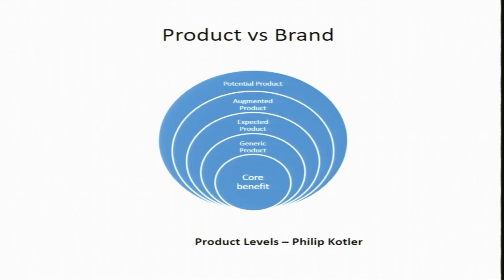The core benefit which we think is transportation from one place to another is not really the core benefit. When we think of using a car to go from one place to another, are we really thinking of transportation as the core benefit, or are we thinking of something else? So, it is for you to think about what really is the core benefit of a car for you, all right.